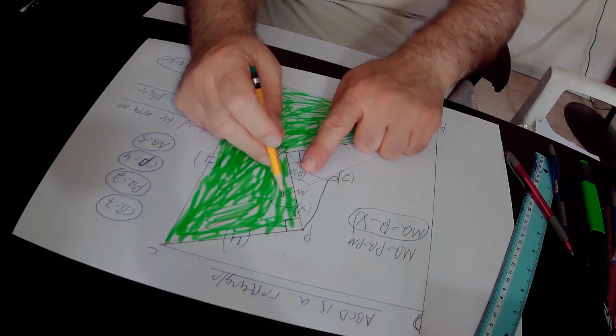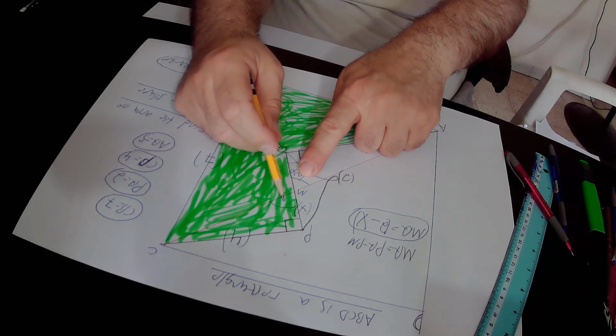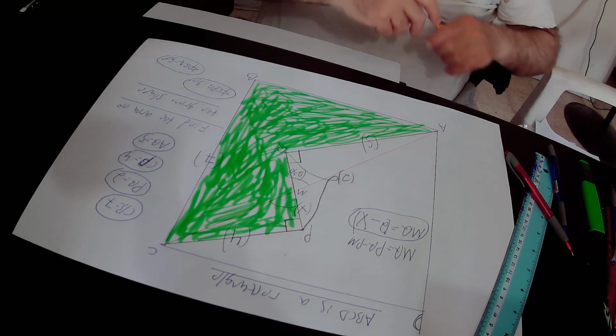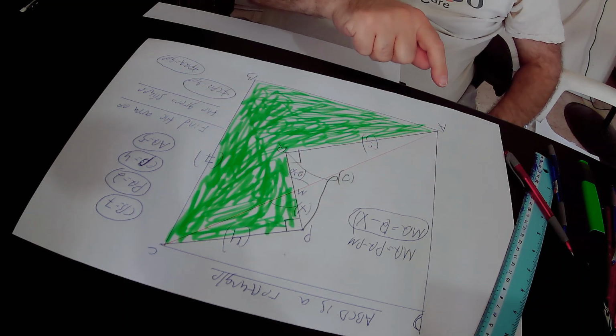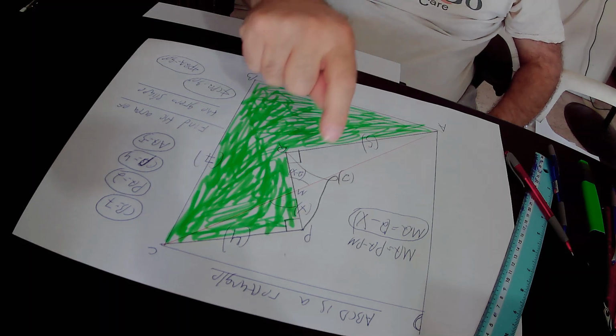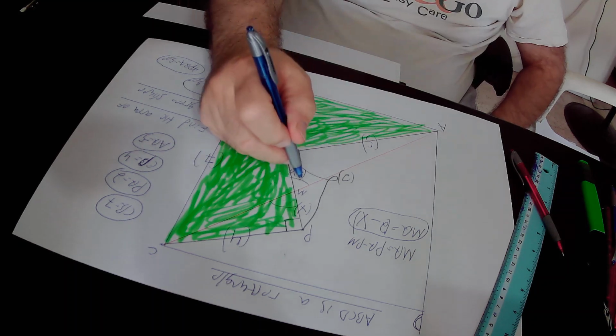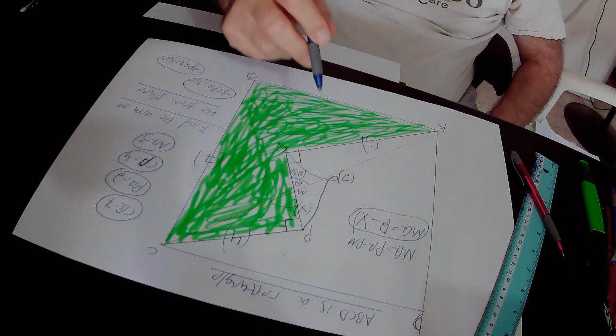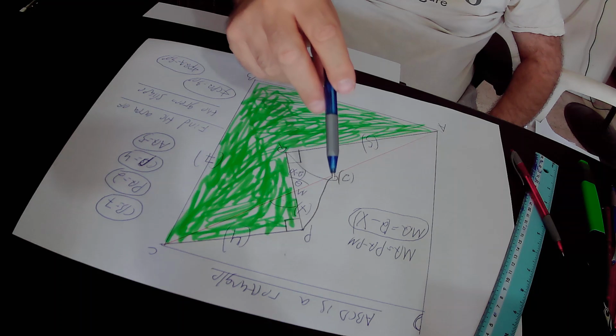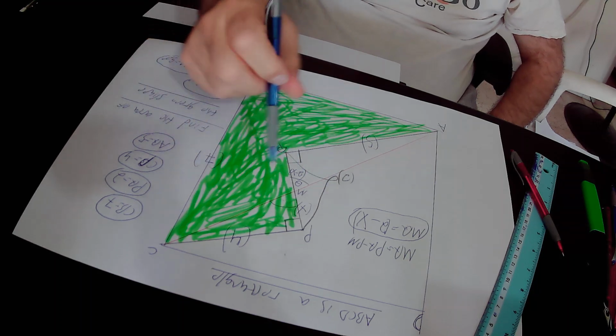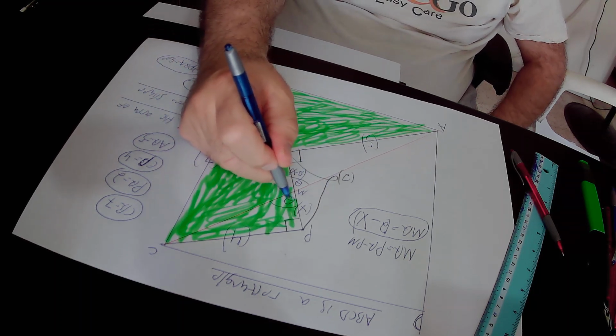Those two angles are vertical angles, and you know that vertical angles are equal to each other. So if we define the size of vertical angle AMQ as theta, then the size of the other vertical angle PMC must also be equal to theta.